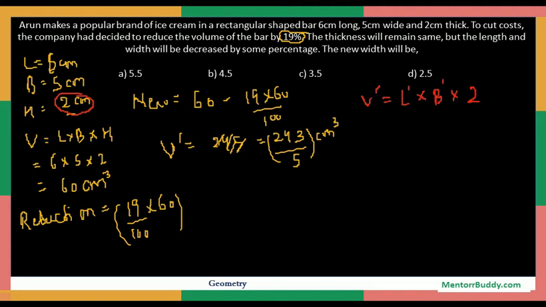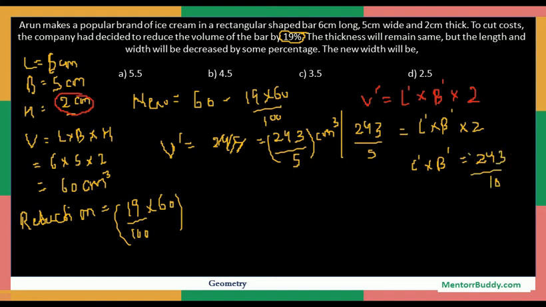So the new volume 243 by 5 is equals to L dash into B dash into 2. So we can say that L dash into B dash is equals to 243 by 10, the product of new length and breadth.